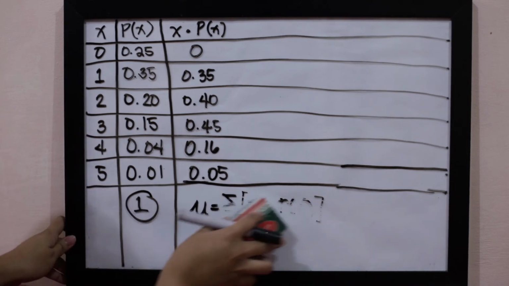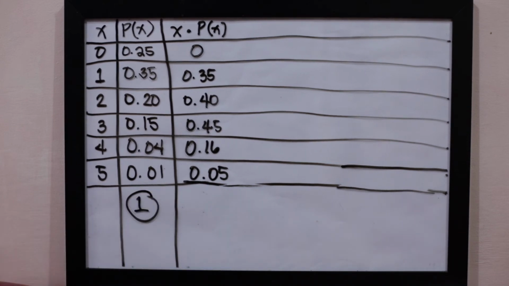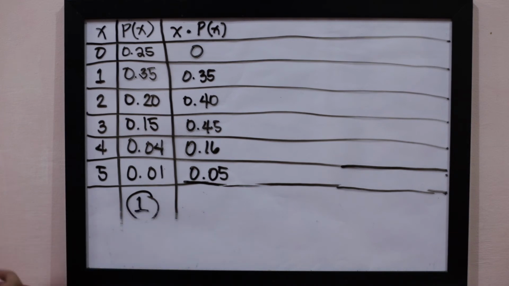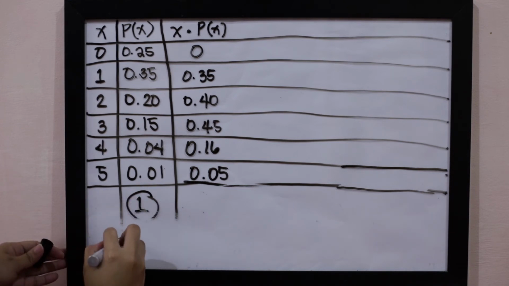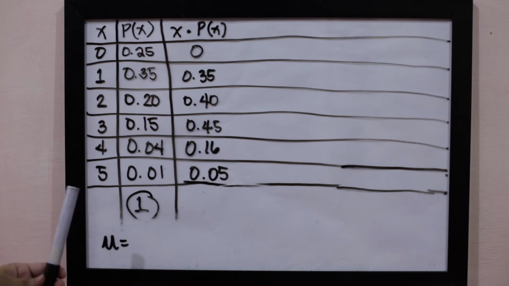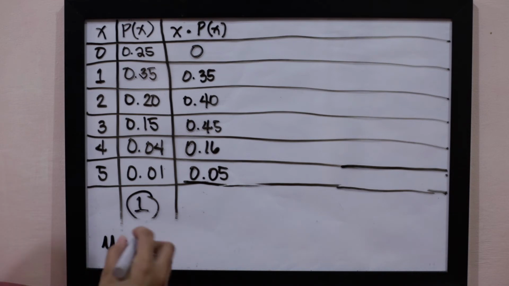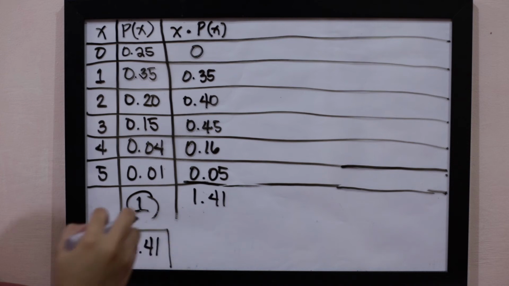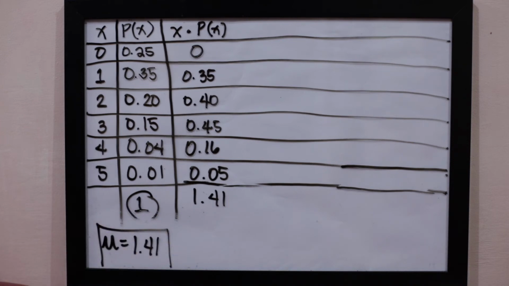So, adding everything, the value for our mu is, so you just add 0 plus 0.35 plus 0.40 plus 0.45 plus 0.16 plus 0.05. The answer will be 1.41, and that means that your mu or your mean is equal to 1.41. Simple lang. Ganun lang po kinukuha yung mean.